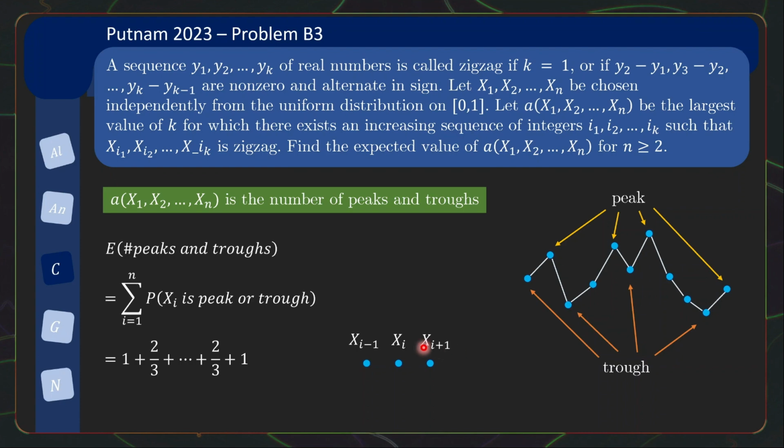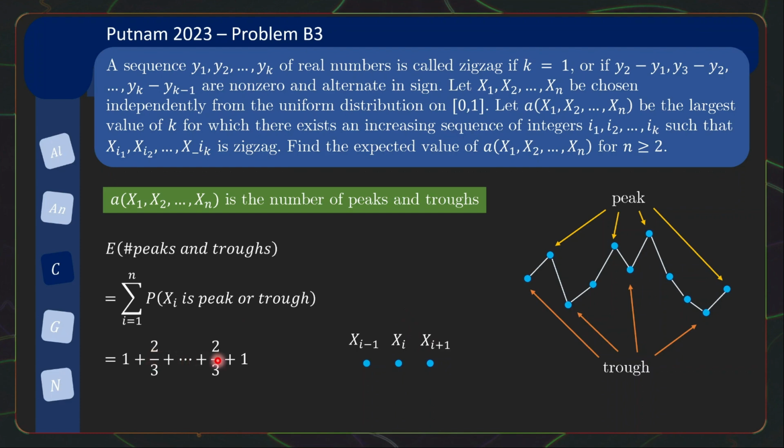So for which magnitude ordering is xi a peak or a trough? Well, it's a peak or a trough when it's not smallest, middle, largest, or largest, middle, smallest. So this means that 4 of the 6 magnitude orderings will cause xi to be a peak or trough. So there's 2/3 probability that xi is a peak or trough.